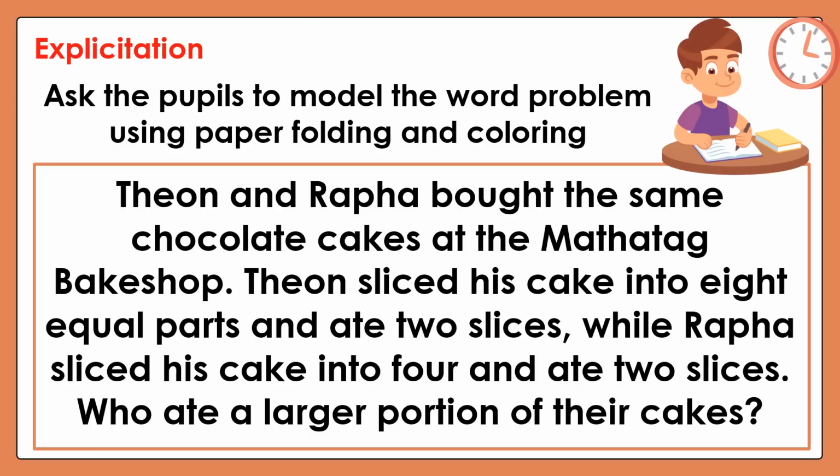Theon and Rafa bought the same chocolate cakes at the MATATAG bake shop. Theon sliced his cake into 8 equal parts and ate 2 slices, while Rafa sliced his cake into 4 and ate 2 slices. Who ate a larger portion of their cakes?